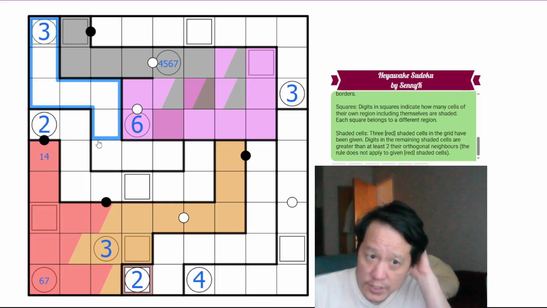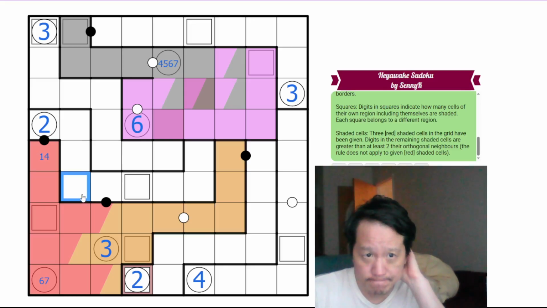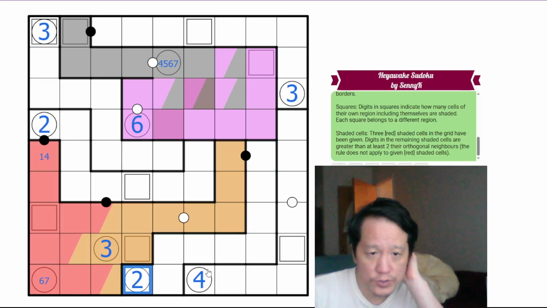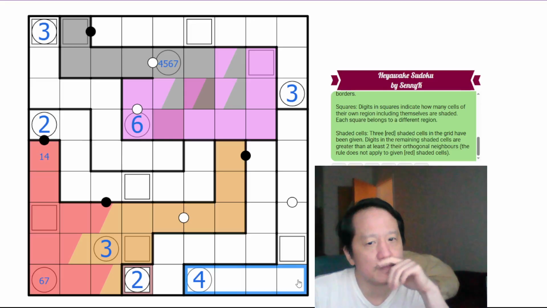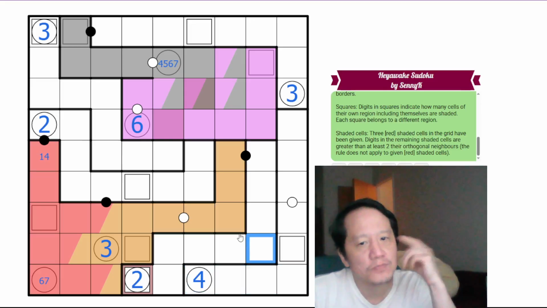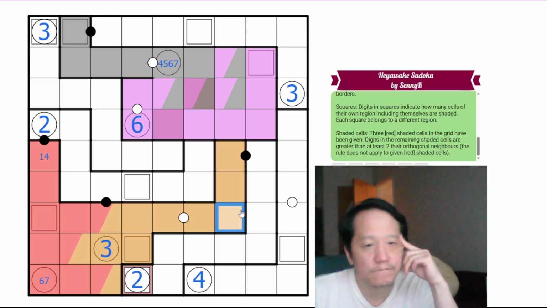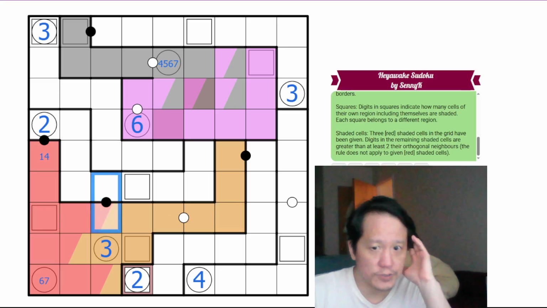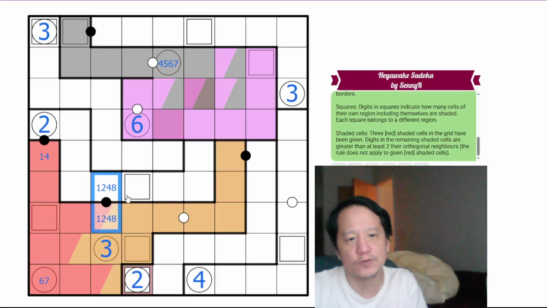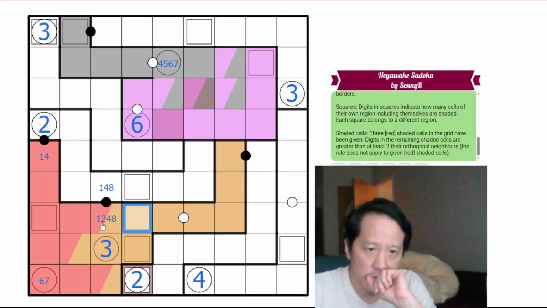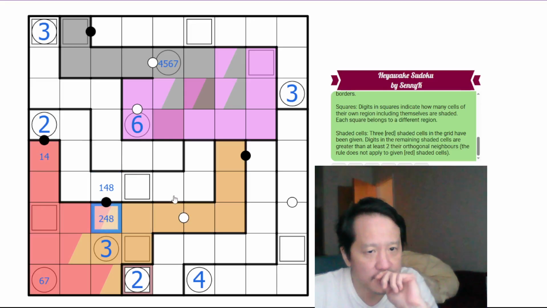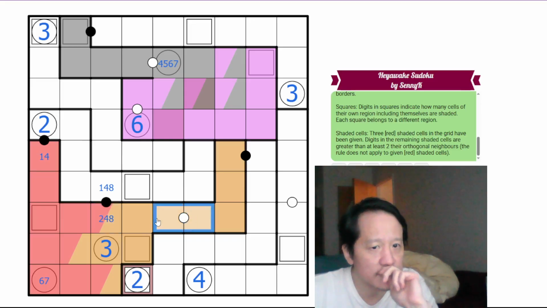This has 3 shaded cells in it. This has 2 shaded cells in it. This is in a 1-to-2 ratio without a 3. So this is 1, 2, 4, 8. No 2 here. So this can't be 1 in that case. These are consecutive.